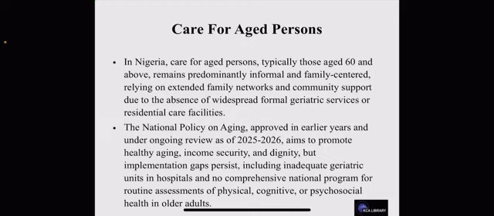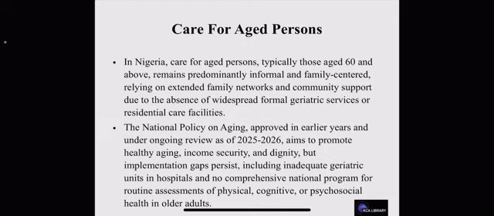So it remains predominantly informal and family centered. When we look at it in Nigeria mainly, it is informal because the care for these people practically revolves around people within a family or close members of the aged individual.